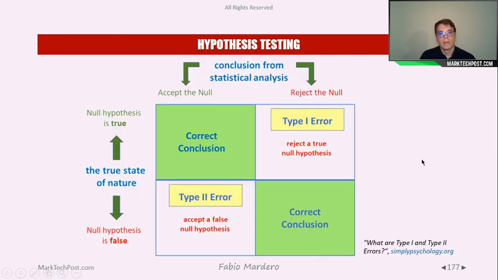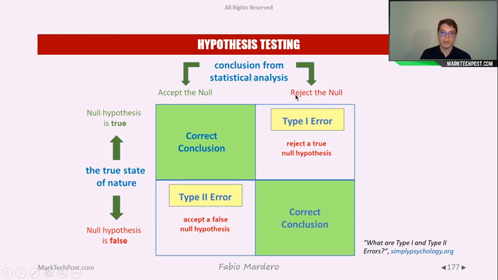This can be described through this table, in which here we have the conclusions from our statistical analysis. We do some sort of analysis, and then we apply the hypothesis testing to test if this matches the true state of nature, which are our rows. So if in reality, the ground truth, the null hypothesis is true, and we accept the null hypothesis, then we came to the correct conclusion.